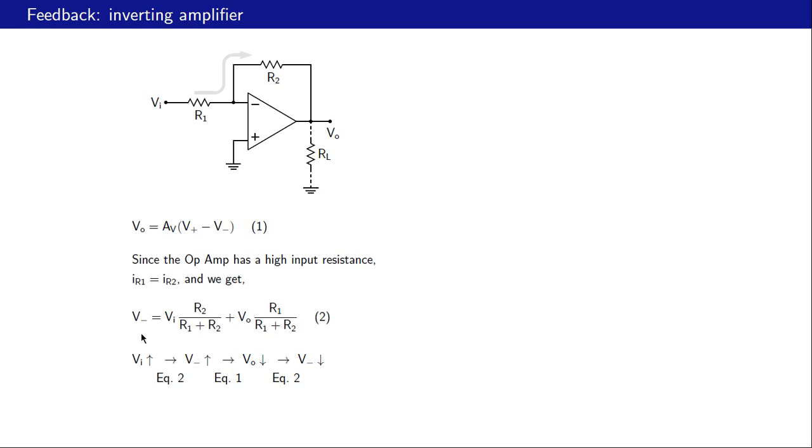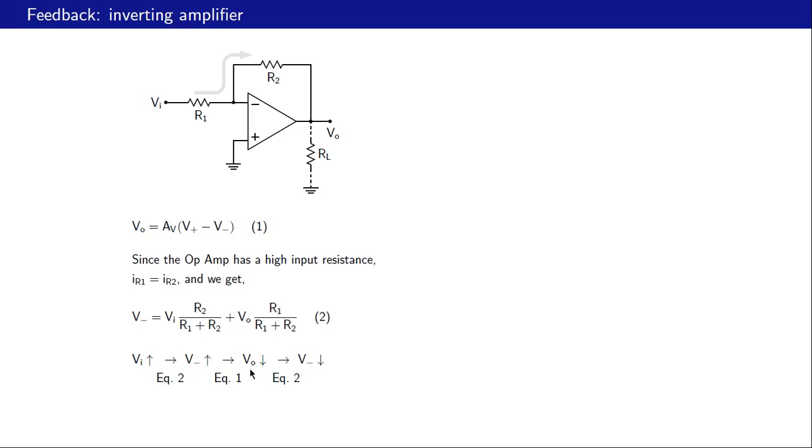Now let us perform a thought experiment, so to say, in which Vi is increasing. So this voltage is increasing. As a result, what happens to V minus? Vi appears here, and that is increasing. So by equation 2, V minus will also increase. Now, as V minus increases, by equation 1, Vo will decrease because this V minus appears with a negative sign here, and therefore Vo decreases.